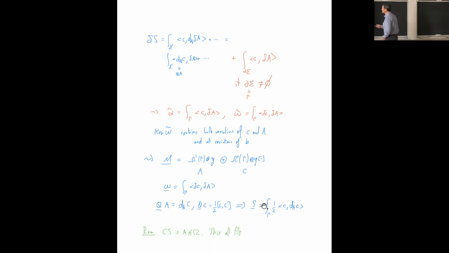Now, of course, everything will work very nicely because this is an example of an AKSZ theory, but okay, this is just for people who know that. What I want to do is interpret this as a multivector field with respect to some polarization.